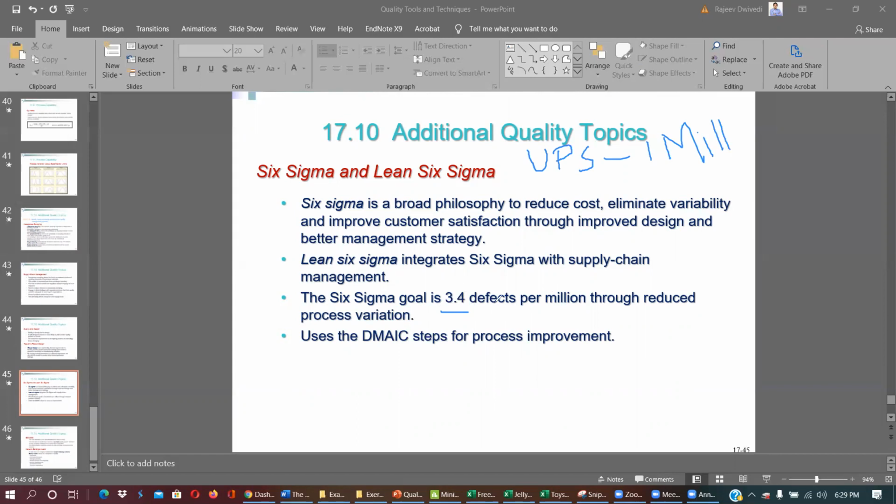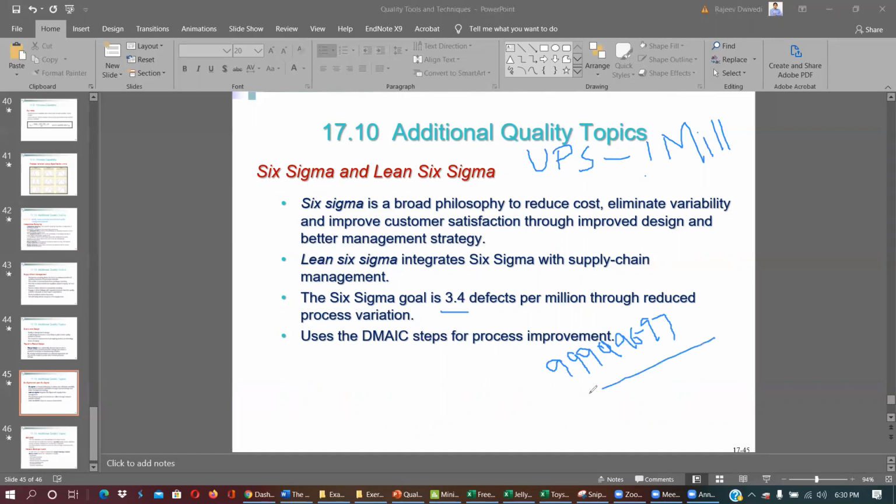Suppose Six Sigma, out of 1 million, 999,996 or 97, I would say, of these packages UPS delivers on time to the particular address.